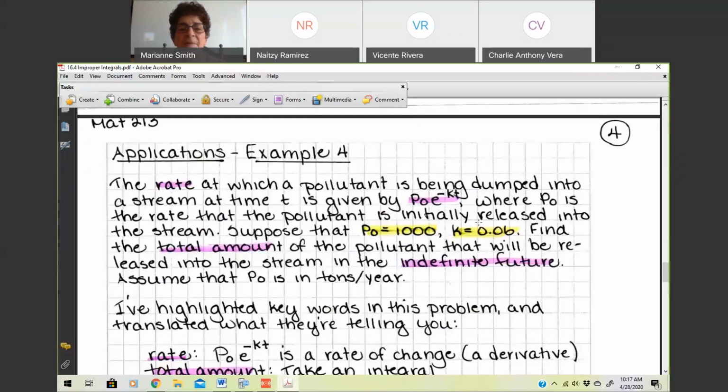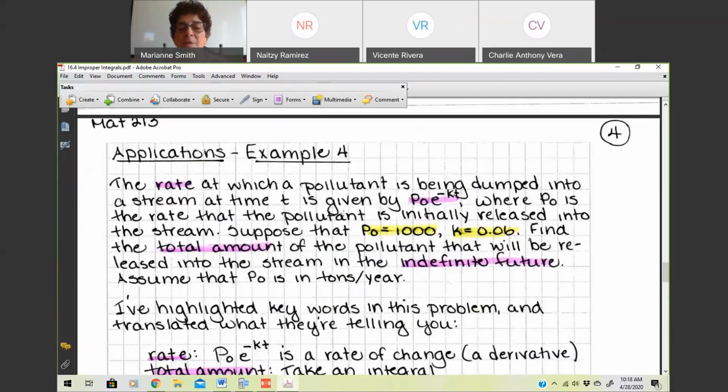So P0 is the rate the pollutant is initially released, and we're supposing that P0 is 1,000 and k is negative 0.06. Because k has a negative sign in front, what that means is initially you're dumping 1,000, let's call it kilograms, or tons, depending on what you're measuring it in, into the stream, and then you're decreasing at the rate of 6% for every year in the future.